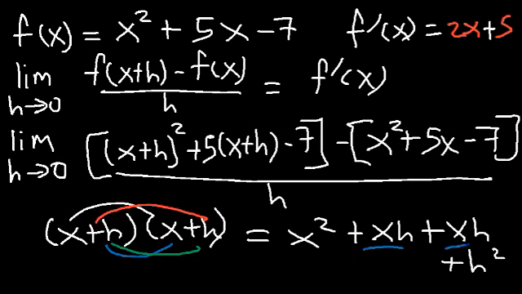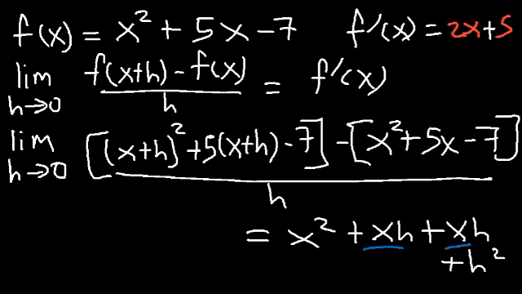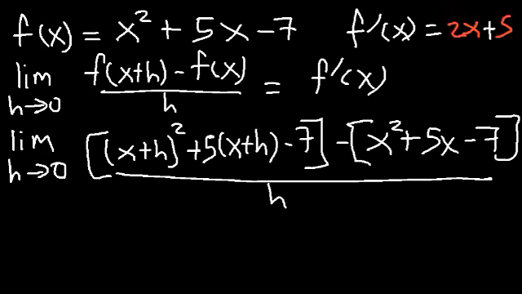So we can combine these two. xh plus xh is 2xh. So therefore, (x plus h) squared is x squared plus 2xh plus h squared.